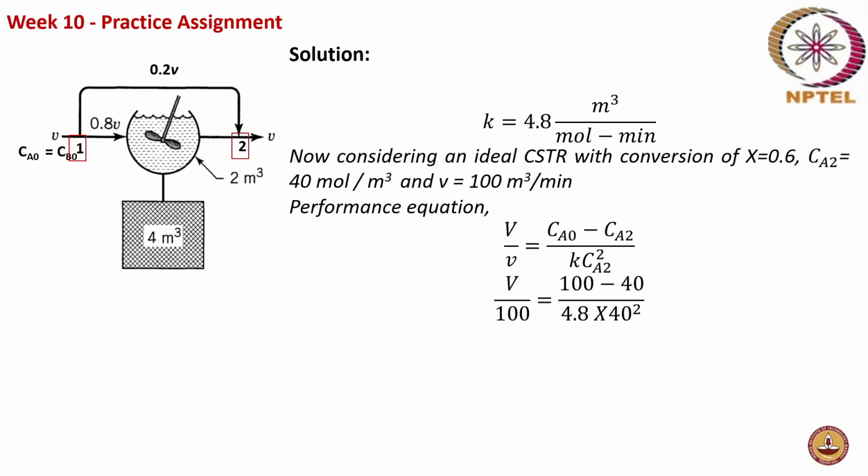K is 4.8, which we have found out, because the reaction rate constant is not going to change with the reactor. It is the intrinsic reaction rate constant, particular to a reaction. So it is 4.8 into 40 square.